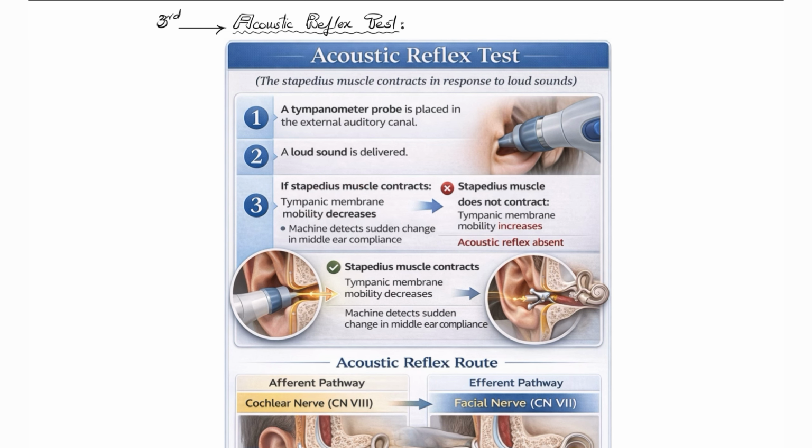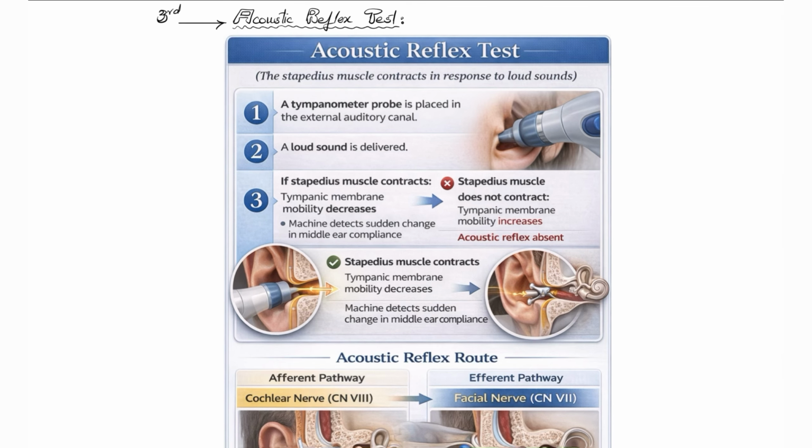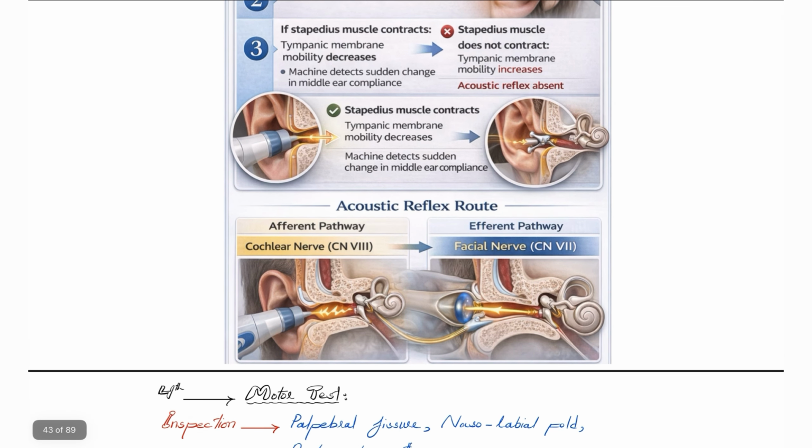But if the stapedius muscle does not contract, then the mobility of the tympanic membrane increases, and it means that the acoustic reflex is absent. So the acoustic reflex arc consists of the cochlear nerve as an afferent limb and the facial nerve as an efferent limb.